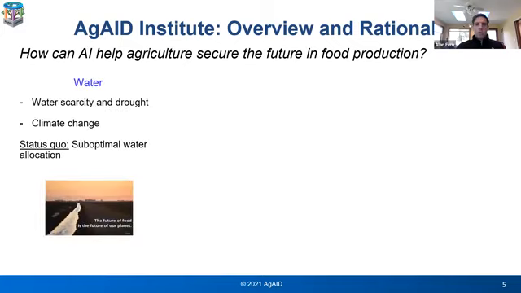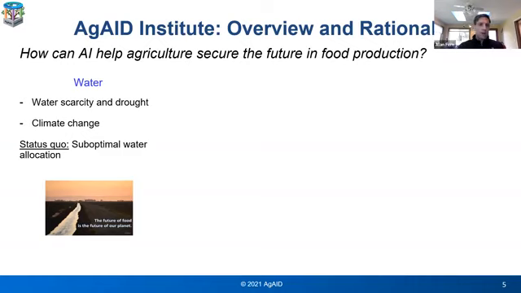And there's really a few things that we focused on in the proposal. One of them is water, right? Obviously, especially in the West, and really, I guess it's really prevalent everywhere. But water is going to be a major resource that we have to be much smarter about how we provision it and how we handle it.